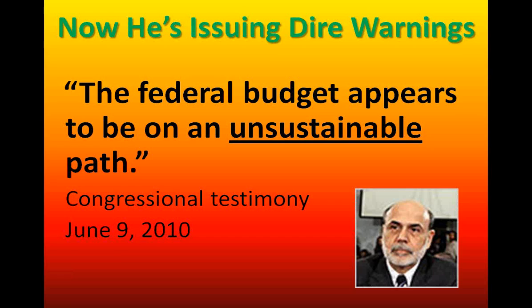Ben Bernanke was appointed by President Obama to serve as the head of the Federal Reserve. So we have two officials that were appointed by Obama who are both saying that the federal budget appears to be on an unsustainable path. And these people are both at the top of the government who know what's going on.